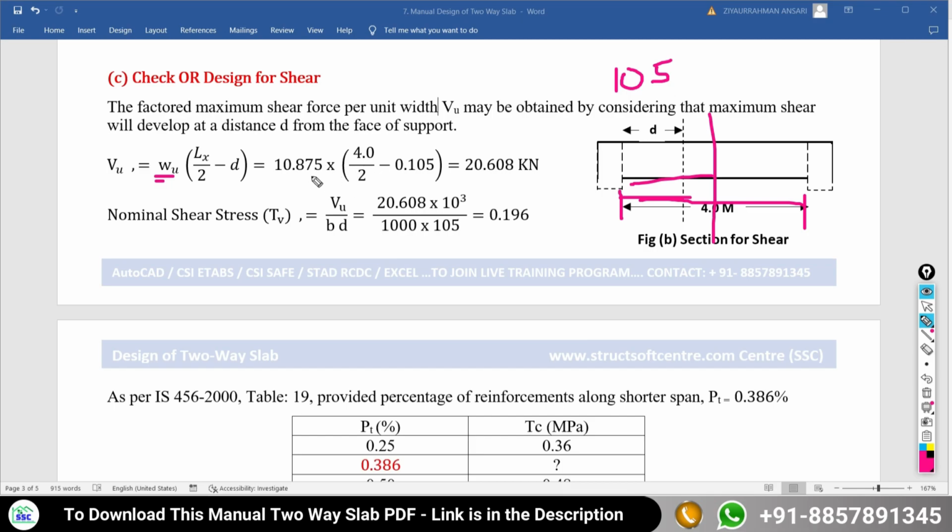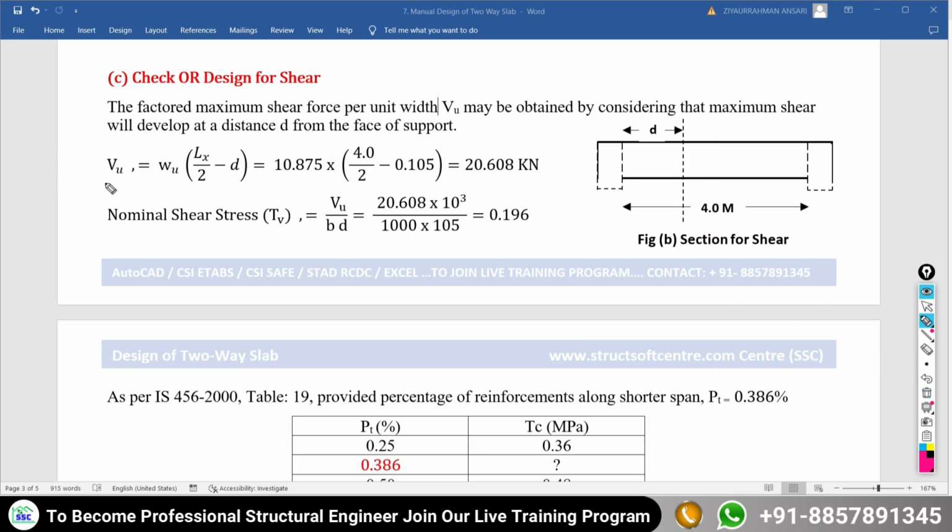After taking all these values, the ultimate load multiplied by clear span divided by 2 minus effective depth, we are getting the value of ultimate shear force as 20.608 kilonewton. This much is the shear force. Now we have to calculate how much nominal shear stress is going to be developed at this section.